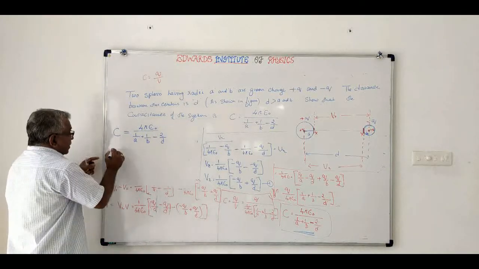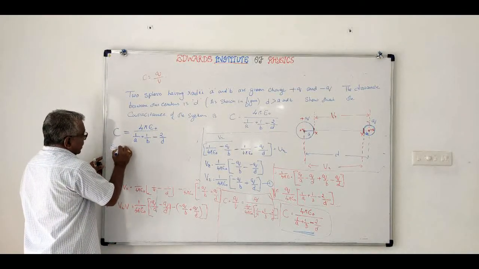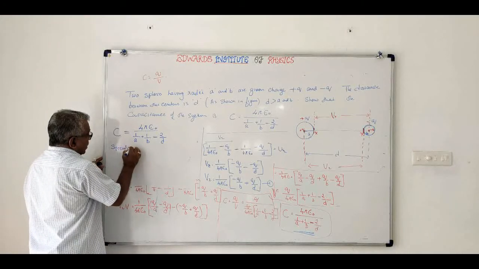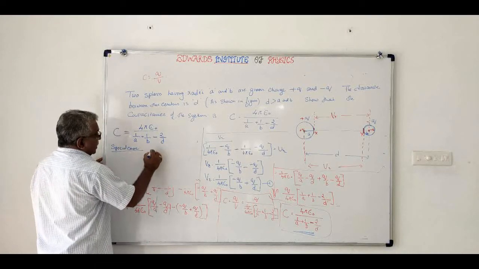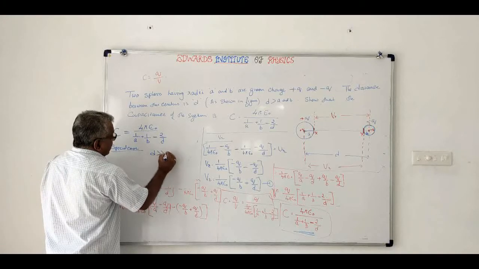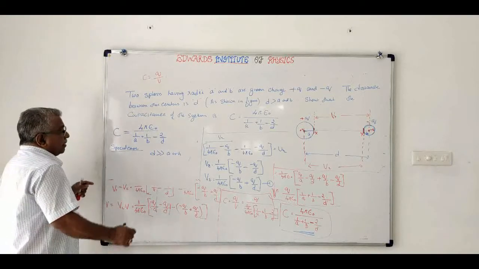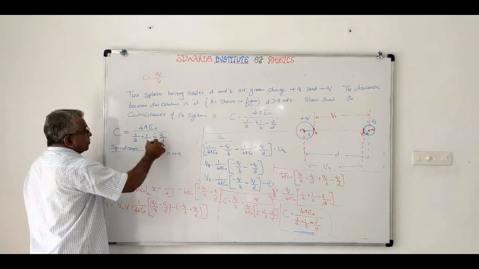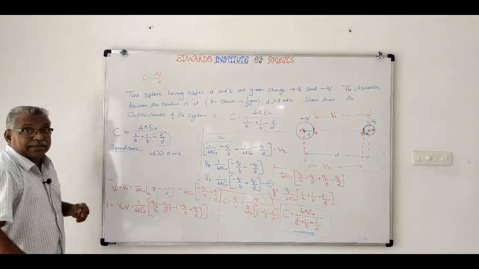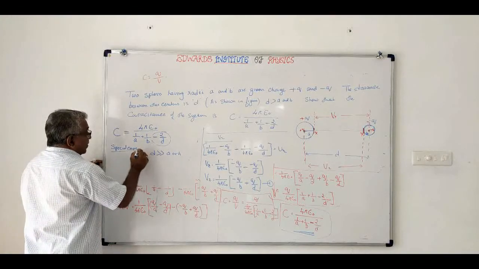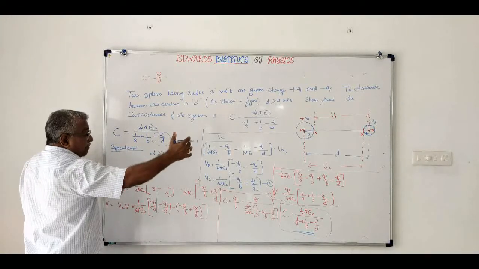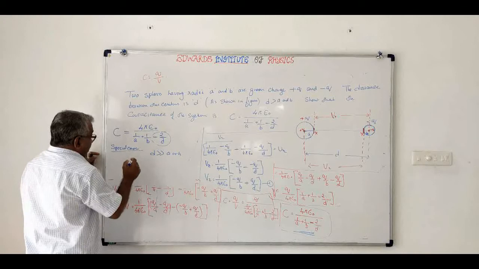Now imagine that special case. The special case is d is very much greater than a or b. Then you can neglect this term. Then what will be the equation if the two charges are very well separated, that is up to infinity?